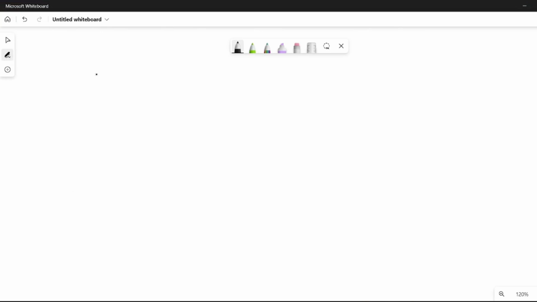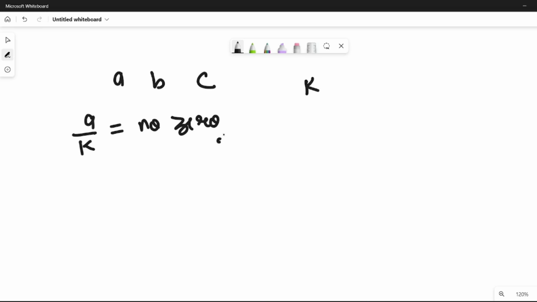So what this question says is we are given three variables a, b, and c. We need to find an integer k such that a divided by k gives a non-zero remainder. The same goes for b divided by k, which gives a non-zero remainder.